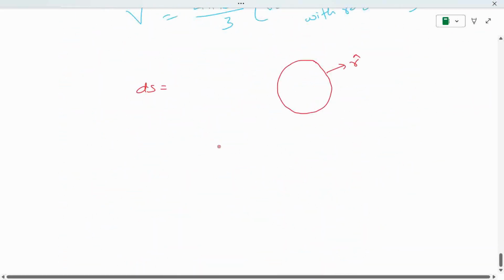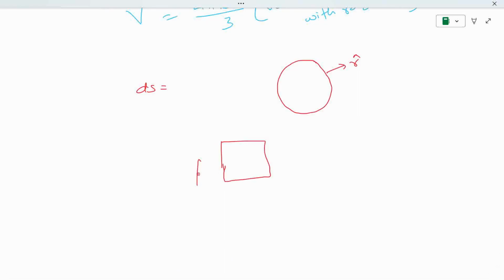Or else let me draw the cuboid again, just to avoid confusion. Please imagine the drawing perfectly. Your visualization should be perfect. Don't mind about drawing. So this is the r cap normal direction. When r cap is normal, we have sides r sin theta d phi, and this is the r d theta.